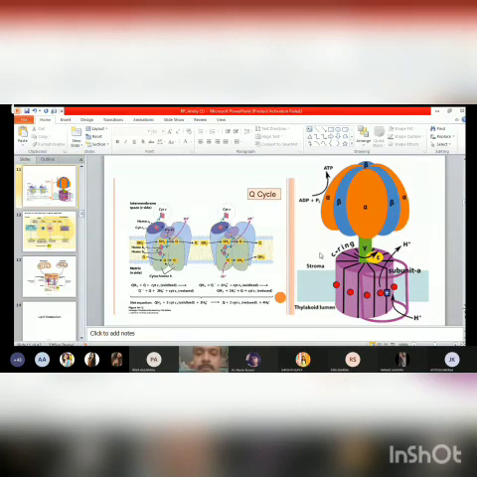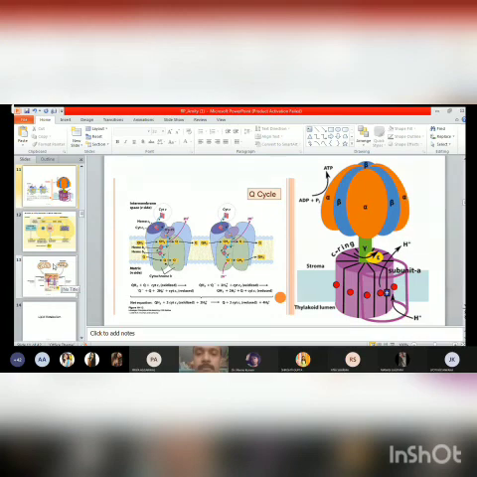What happens is the electrons taken from complex 1 and 2 will be brought to complex 3 in the form of reduced coenzyme Q, that is QH2.